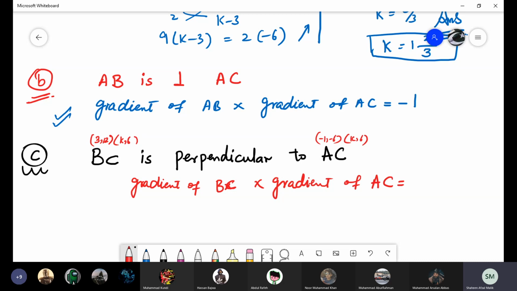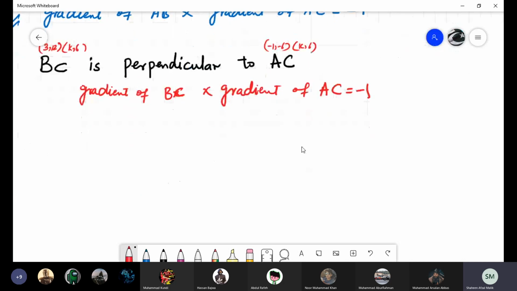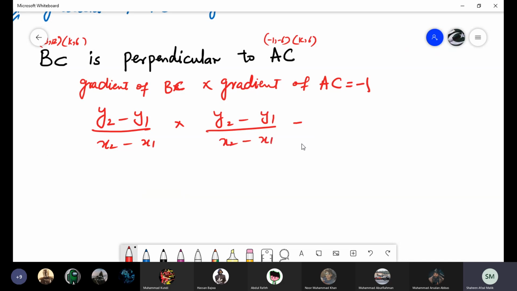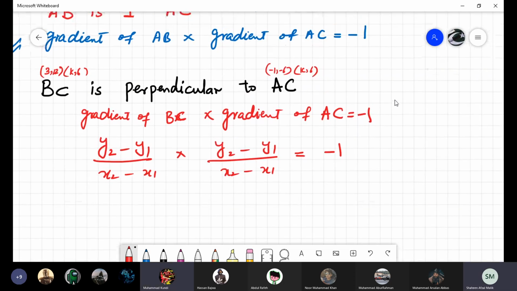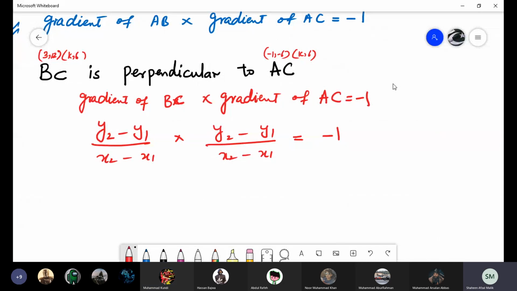The same gradient formula: y2 minus y1 over x2 minus x1 multiplied by y2 minus y1 over x2 minus x1, and that is equal to -1. Substitute the values from here.